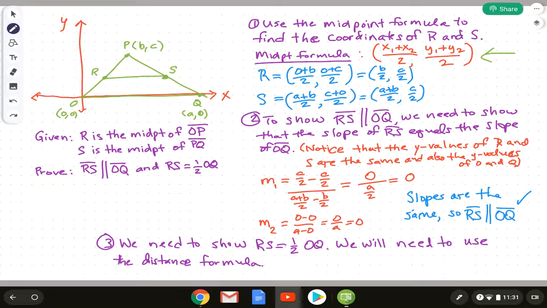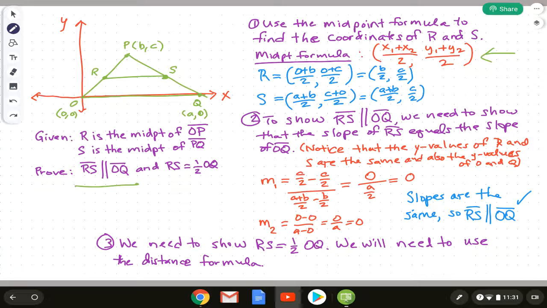The next thing I'm going to do is try to show that RS is parallel to OQ. Remember that parallel lines have equal slopes. So I'm going to find the slope of line RS and the slope of line OQ and make sure that they're the same.